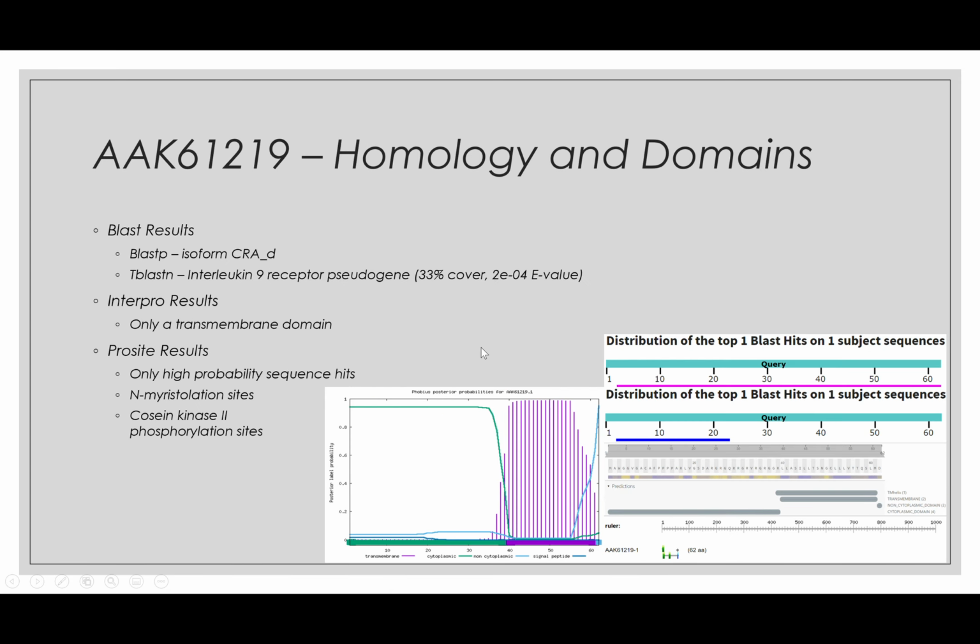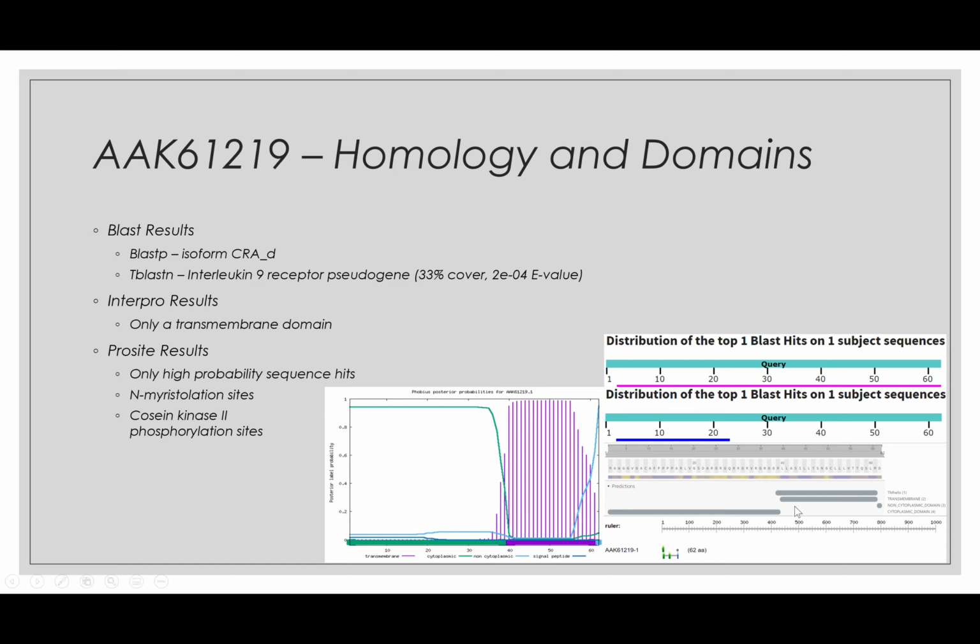Now, moving on to our next protein, we have only one BLAST-P hit, and that's isoform CRA under a D. That is a FAM234A protein, but the T-BLAST-N does not return any of those. Instead, it returns an interleukin-9 receptor pseudogene, and as you can see here, only 33% coverage, very low E-value.